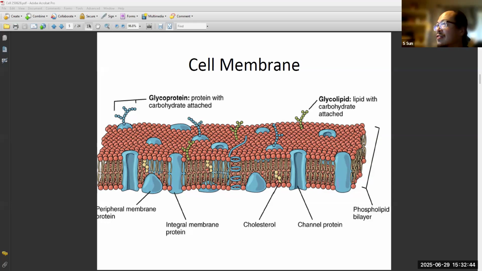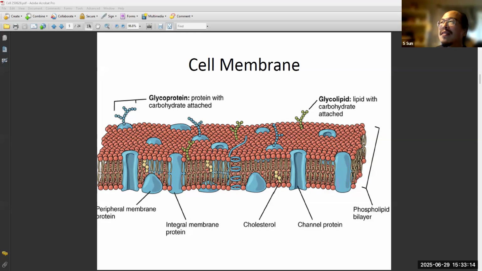This is another channel again. You can have a protein to anchor on something. This one looks like glucose, because this is glucose, glucose, glucose. So we call it glyco. Glyco means sugar. Glycoprotein: this protein allows glucose to attach to it. And also here you have a protein that runs through.